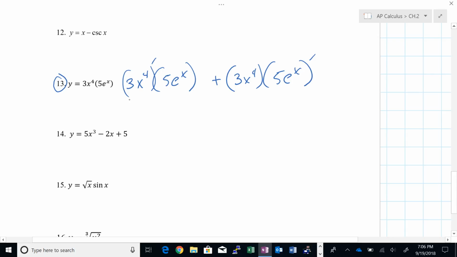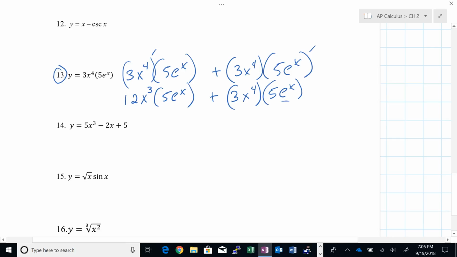All right, this front part becomes 12x cubed and this becomes simply 5e to the x. Again, constant multiple rule says just differentiate the function part and tack your constant back on.